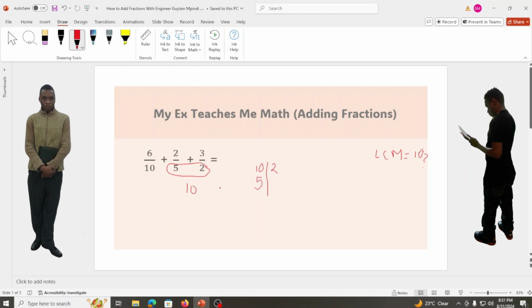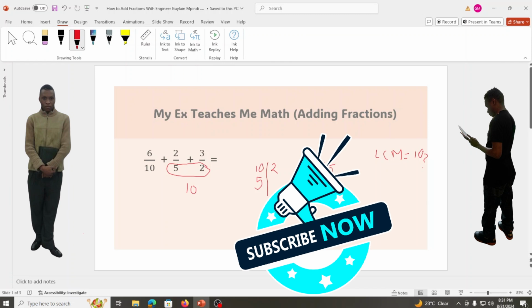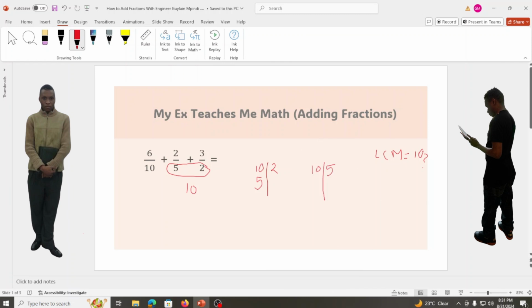Now if I go 10 divide by 5, it's gonna give me 2 right there. So this is the one I'm talking about. Okay, this is the one. All right, so we're not done yet. I just show you guys how I end up getting this 10.